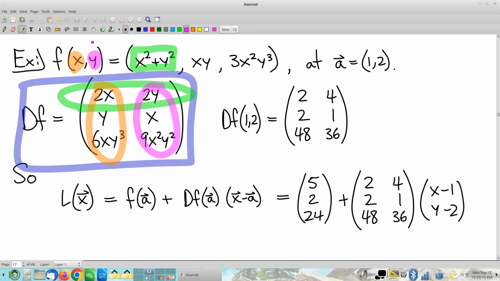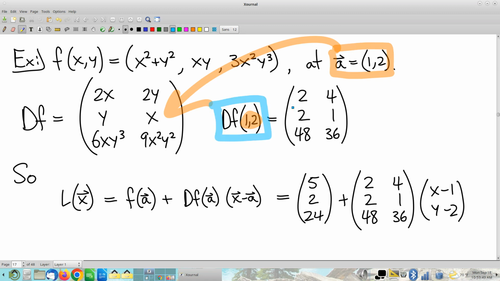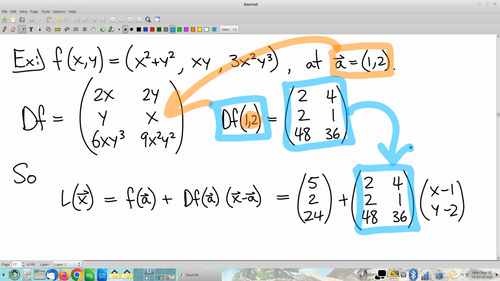And then, again, a healthy exercise: make sure you think it through for the second output, second row, and the third output, third row. Okay. All right. So various partials to be taken. Again, be very careful with the organizing of the derivative matrix. As previously, you've got to plug in the point 1, 2 to get your actual evaluated derivative matrix, and it goes right where the formula says it should.